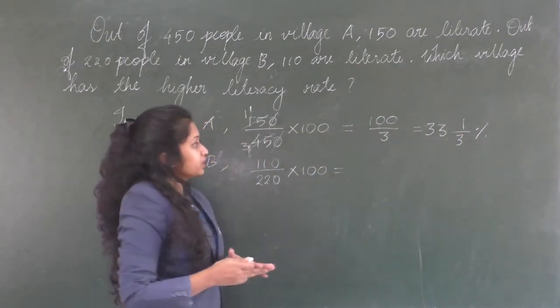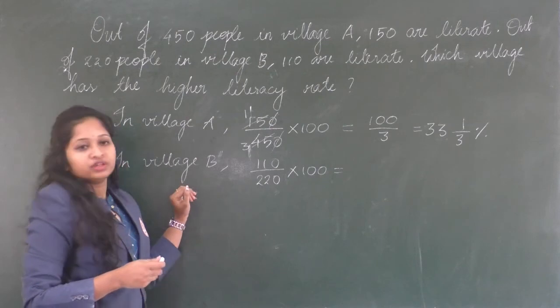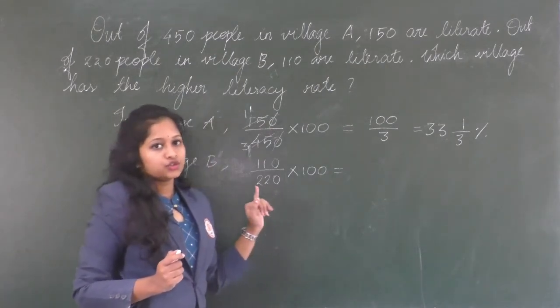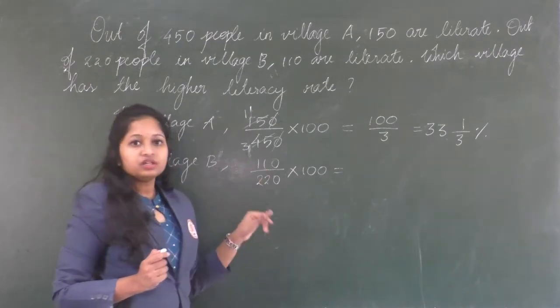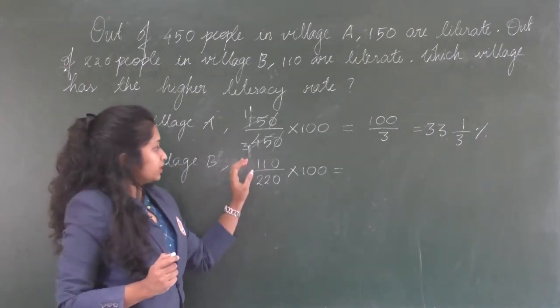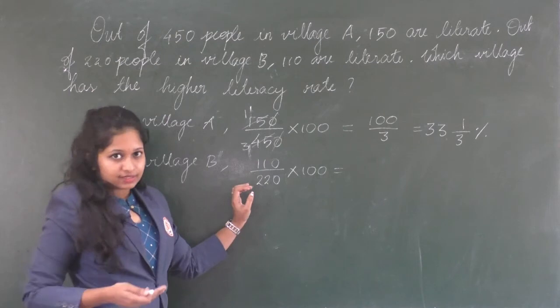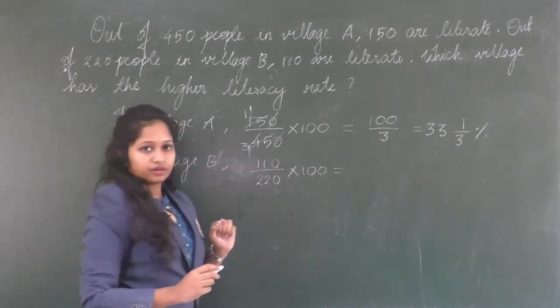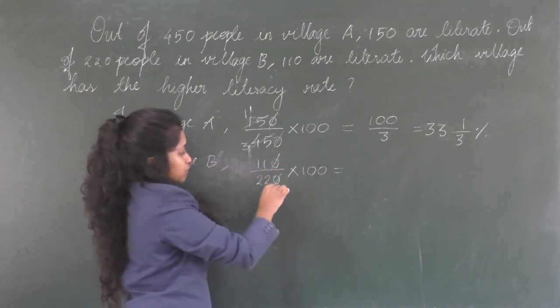Okay. And we have in village B, the total number of people are 220 and the literates are 110. So we can form this as percentage as 110 by 220 into 100. Now we can cancel these zeros.